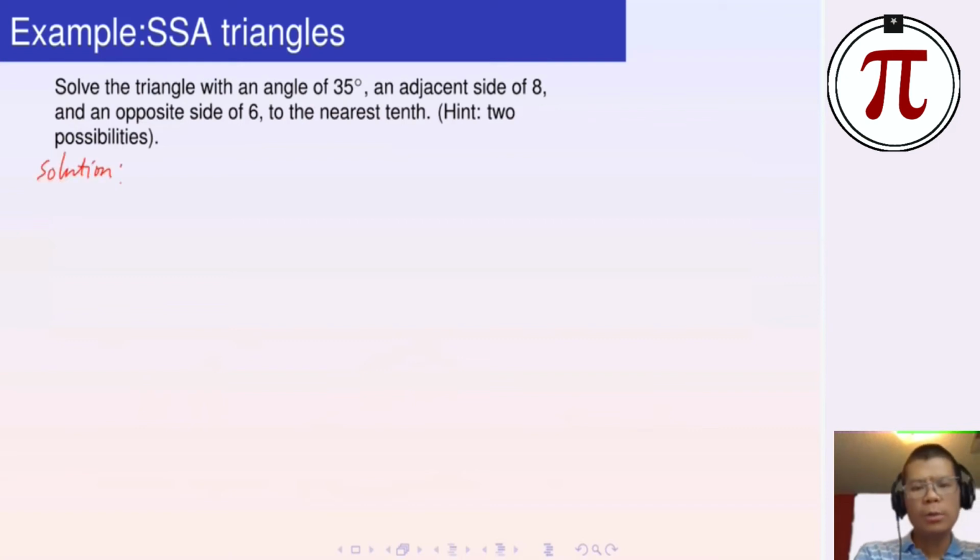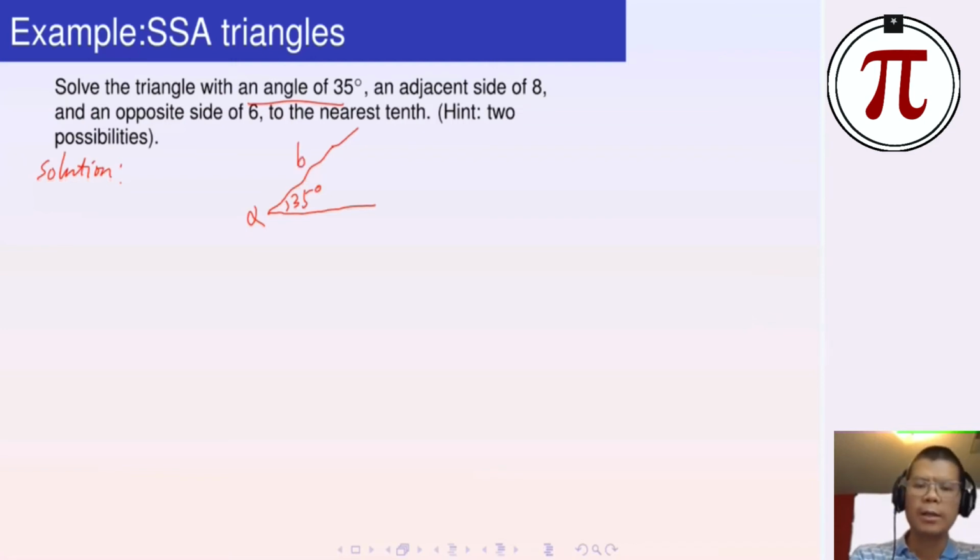So we will have one triangle. Let's say that this is alpha, 35 degrees. The adjacent side is 8, so this is our b.